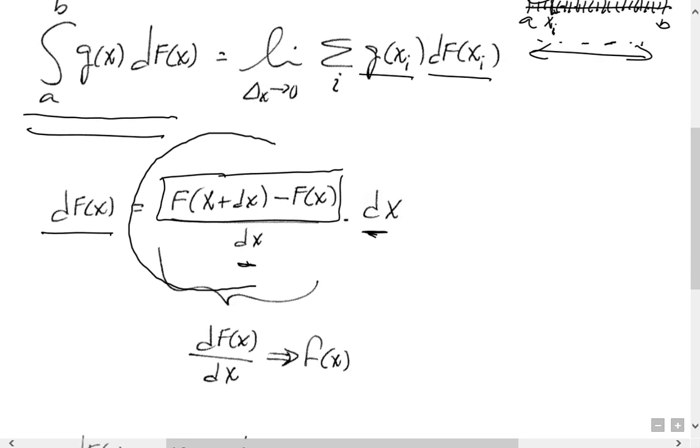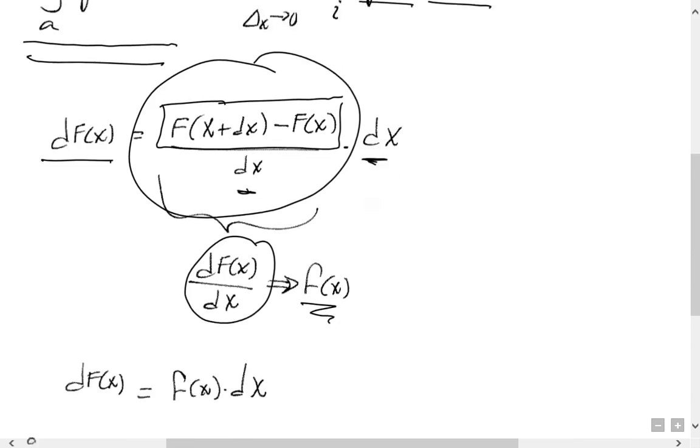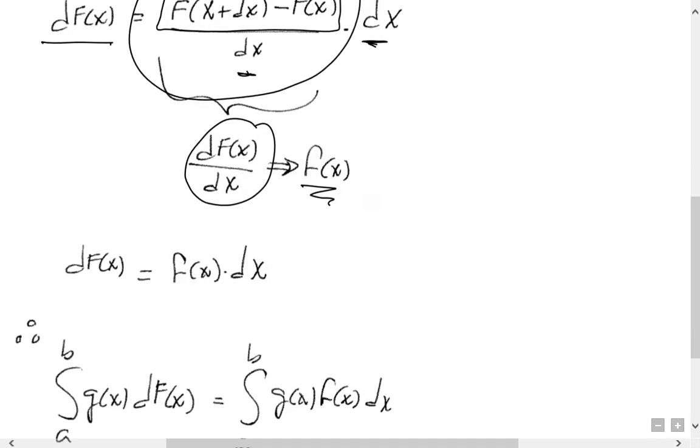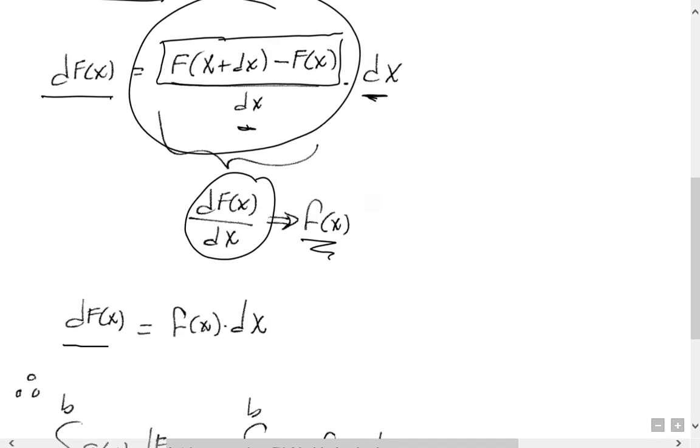And this quantity here, which is that differential of f of x divided by dx, is typically what we have as our density. And so df of x is equal to the density of x times dx.